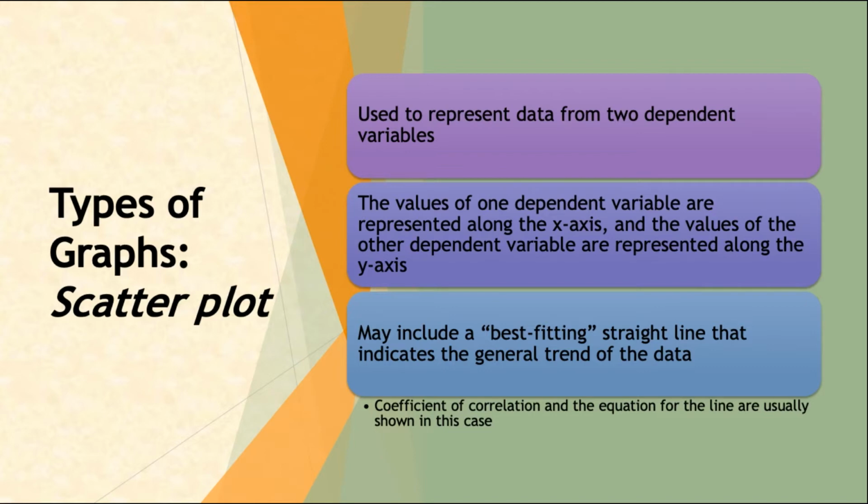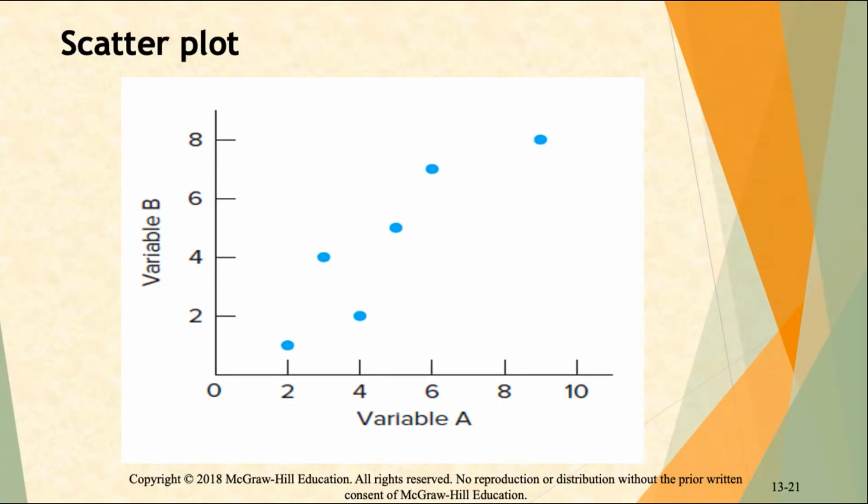It may include a best-fitting straight line that indicates the general trend of the data, and the correlation coefficient and the equation for the line are usually shown in this case. So this is the scatter plot. We can have a line, for example, like that.